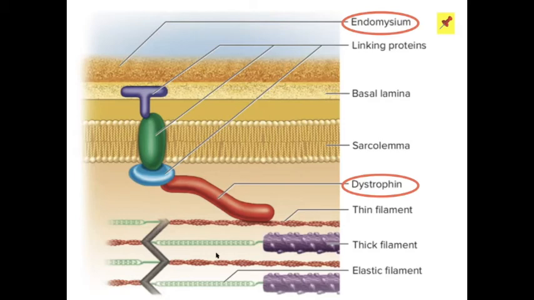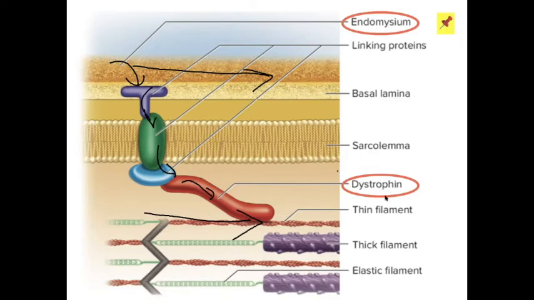And later on, we're going to see how this whole structure moves, and when it does, it's going to pull along these attached proteins, and through these connections the force is transmitted longitudinally along the entire length of the muscle.